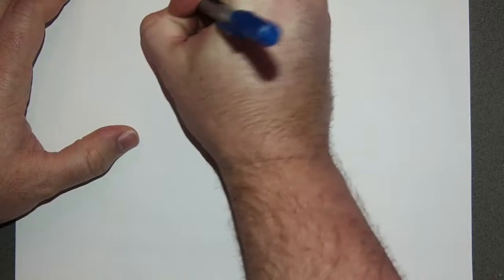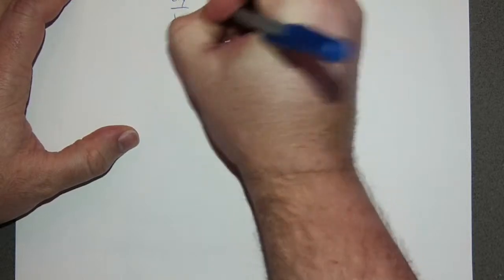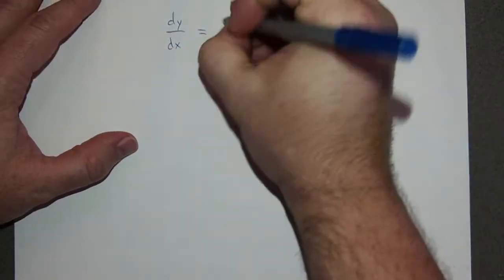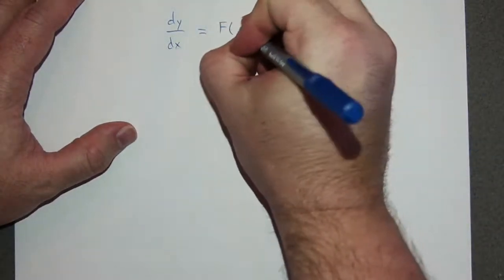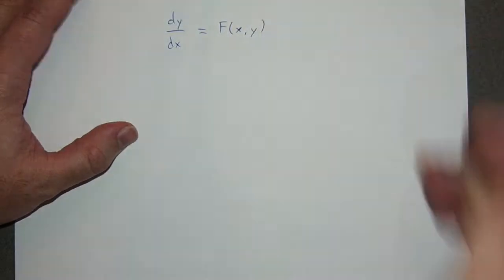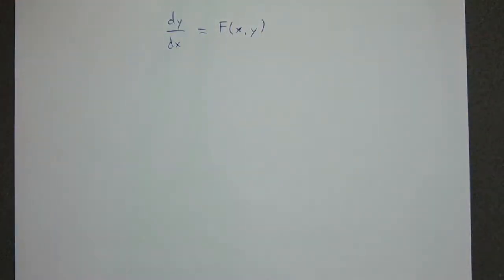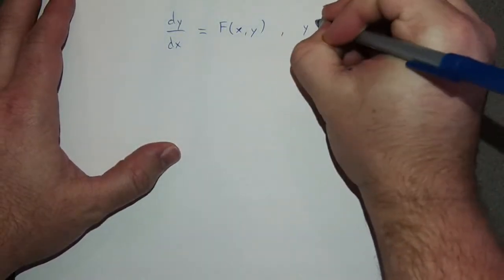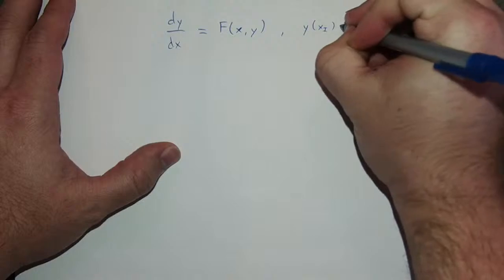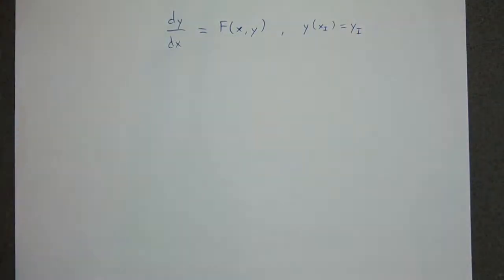Okay, now if I have a differential equation like this, where, so again, now x is my variable instead of t. Nothing wrong with that. So I have a differential equation like this. Okay, maybe I have an initial condition here just as well. So I have y of x sub i is equal to y sub i. Okay, fine.